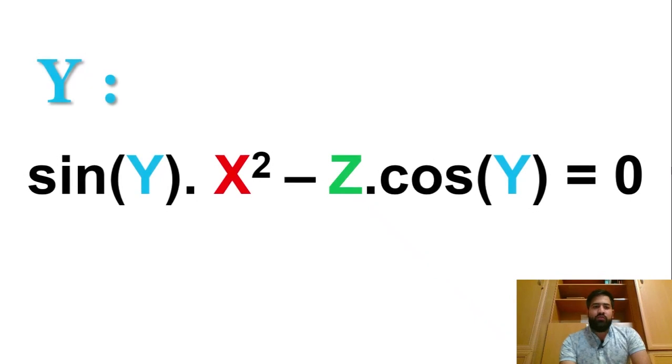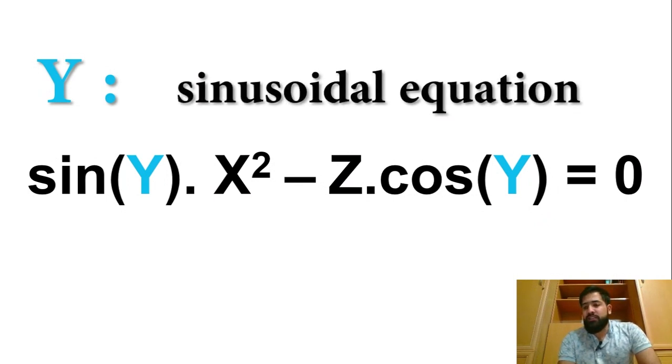So return to our original polynomial. Now we can solve for the variable y. Variable y appears in a sinusoidal polynomial, so we take y as the variable and the other parameters as normal numbers. So we have a sinusoidal polynomial: sine of y times x squared minus z cosine of y is equal to 0.